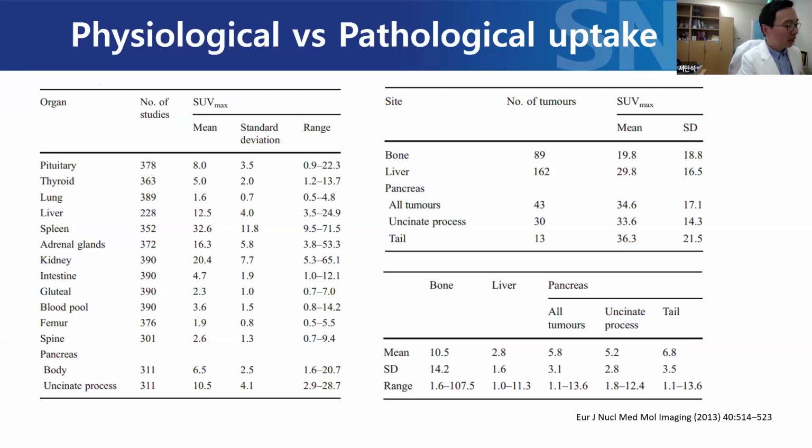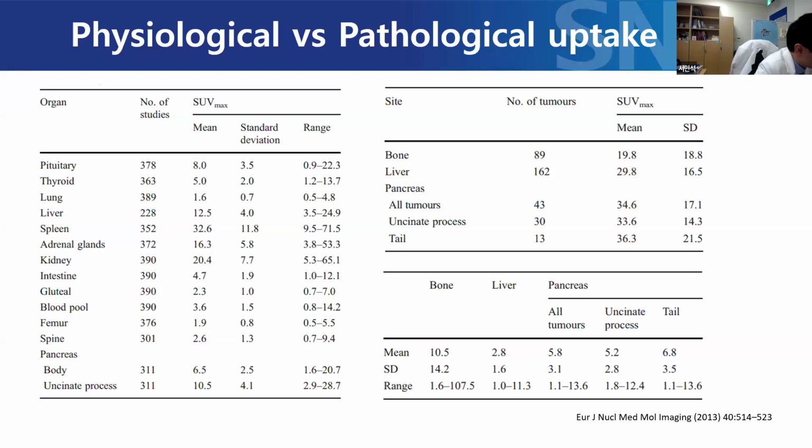As you can see from this case, the pancreatic uncinate process often demonstrates physiologic somatostatin tracer uptake due to its high density of somatostatin receptors 2, 3, and 5. This normal uptake can be fairly intense and somewhat ill-defined, potentially overlapping with a small lesion.